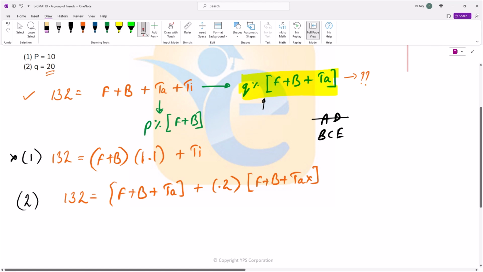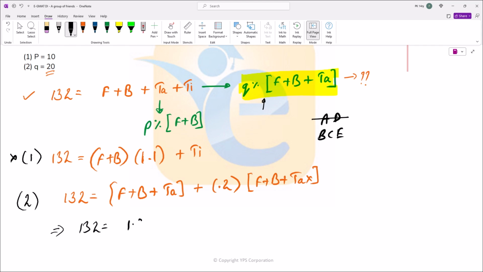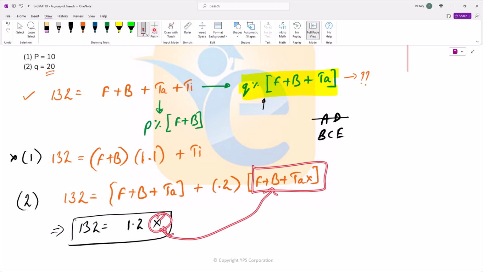Let us assume this entire thing as X for a minute. So this will also be X. This implies 132 is equal to 1.2 times X. So one equation, one variable, we can get the value of X. X is basically F plus B plus tax, and that we can put here and get the amount of tip.